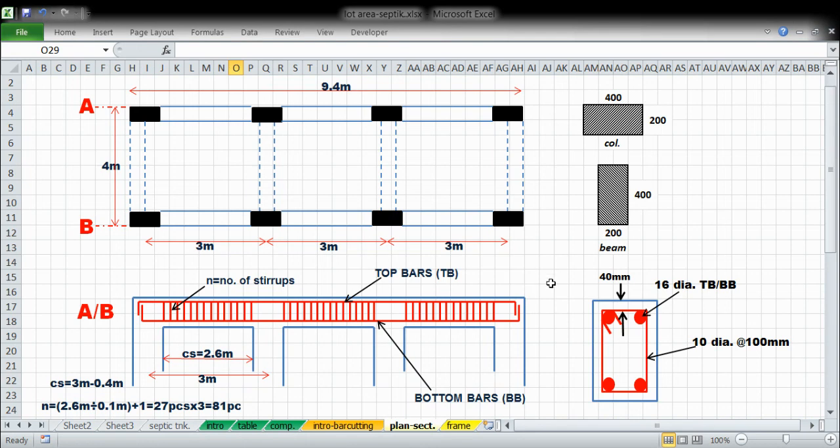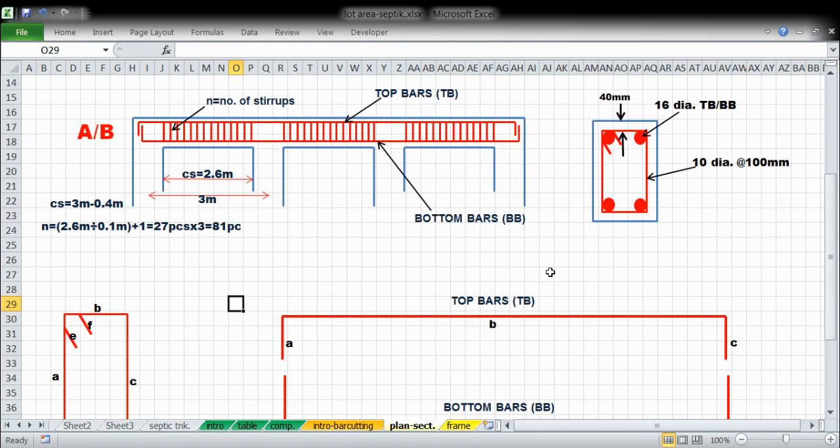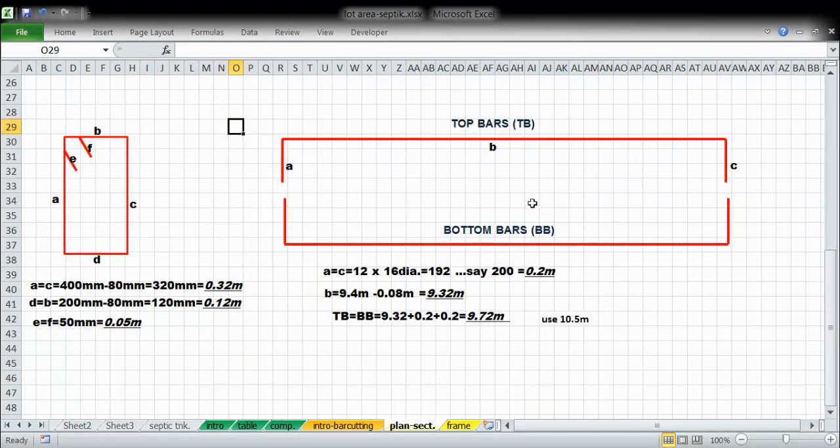Okay? After this, punta na tayo ngayon sa, i-isolate na natin yung mga yung drawing niya. Okay? So, for the stirrups, ito ang itsura niyan. So, nilagyan ko na ng label A, B, C, D. Analyze natin ang A. A equals C. A and C is equals to 400 mm minus 80.